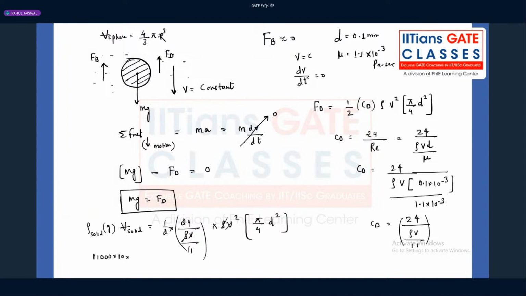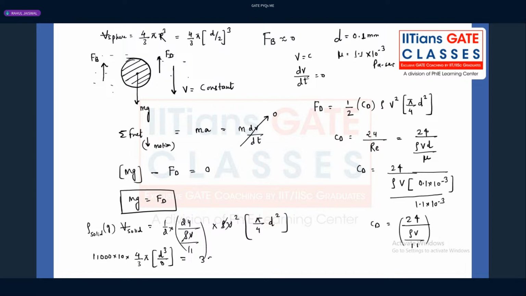But in terms of diameter, it is r equals d by 2, so the whole cube. So you get 4 by 3 pi d cube over 8, which is equal to 24 into 11 over 2 over 4.